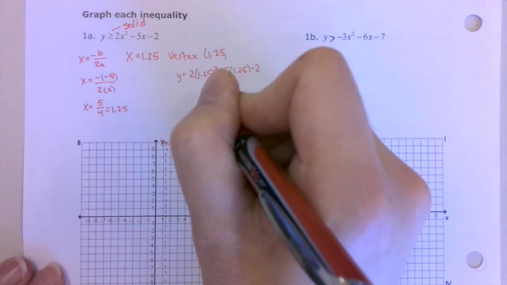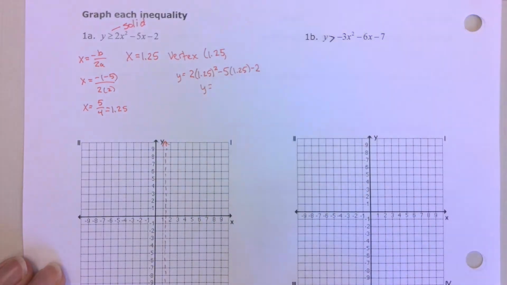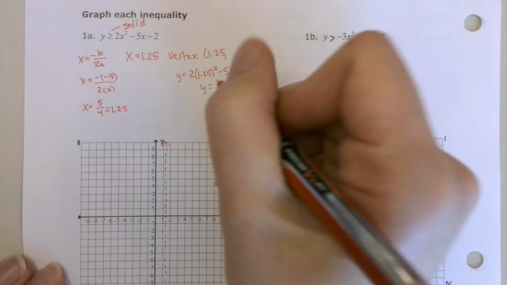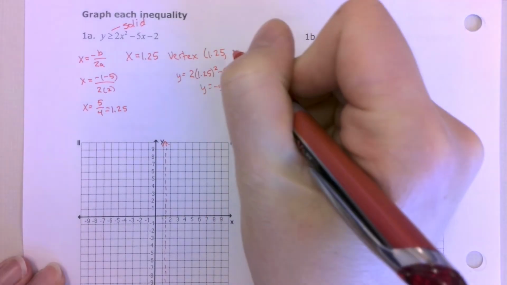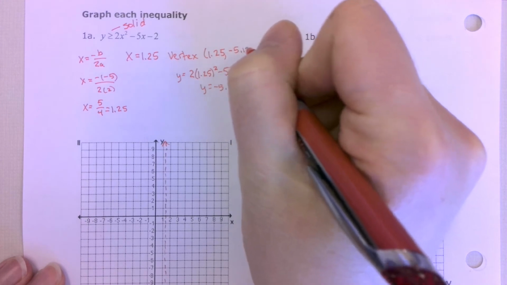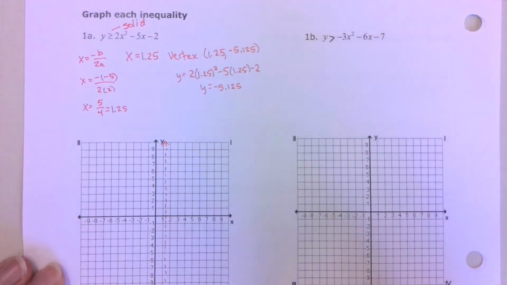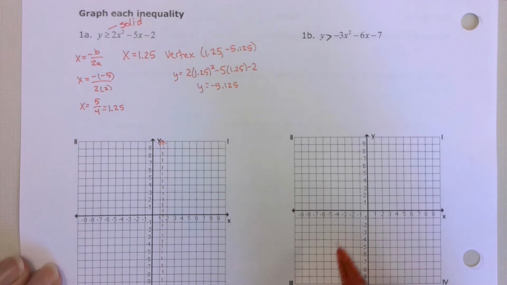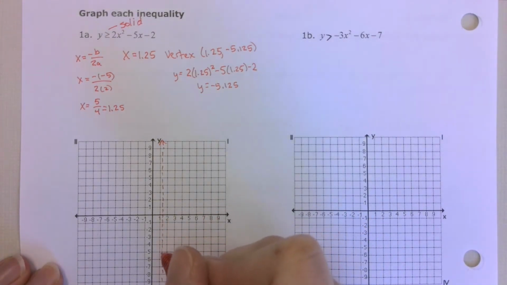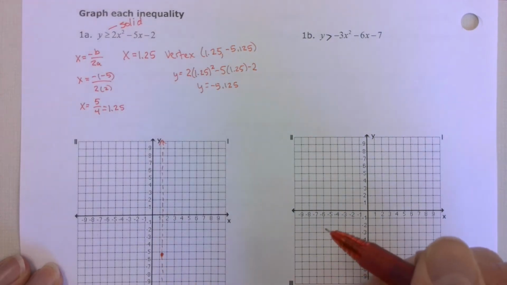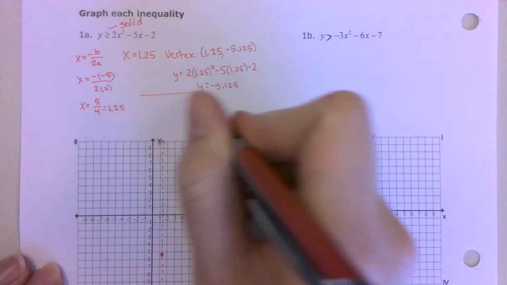So this is our y value, which comes out to -5.125. All right. So we're estimating this on our graph. So 1.25, and then we're going to go down to -5 and a little bit more. So there's my point.